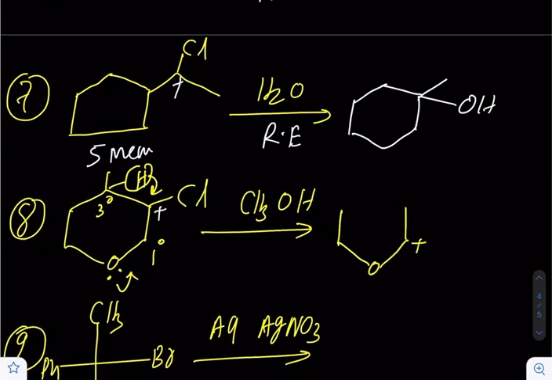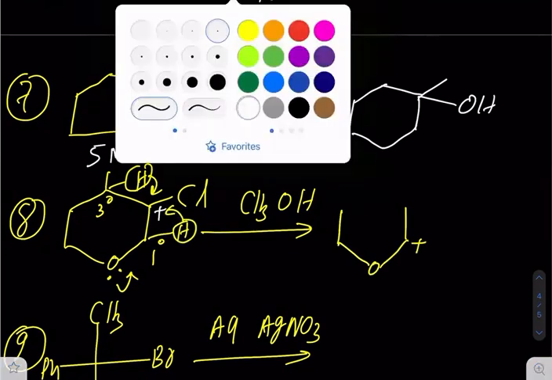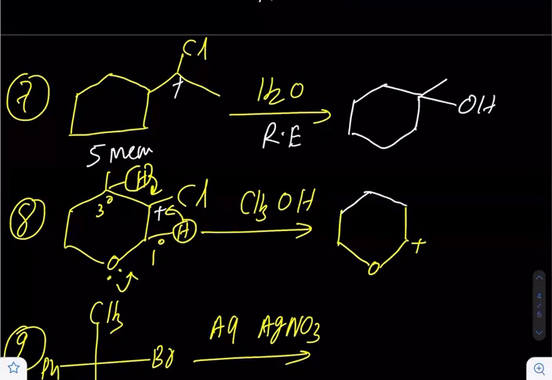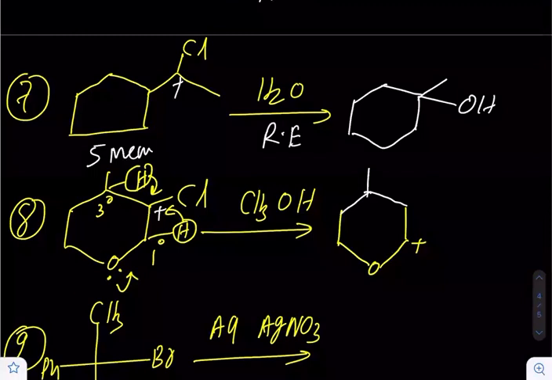This type of hydride shift is possible in this case. So the hydride shifts in the down direction, and we will have the next product, an alcohol. So here we will have OCH3.